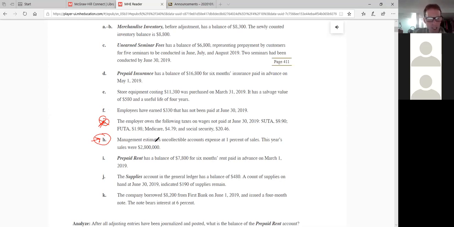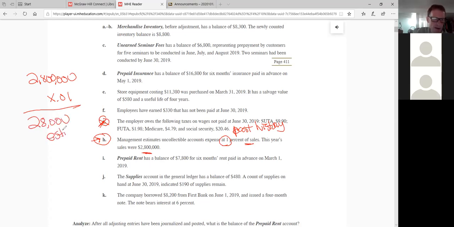So we have management estimates uncollectible accounts expense at 1% of sales. That would most likely be based on some sort of past history. So if their credit sales are $2.8 million, all you have to do is take that $2.8 million and multiply it by 1%, which gives you right at $28,000.